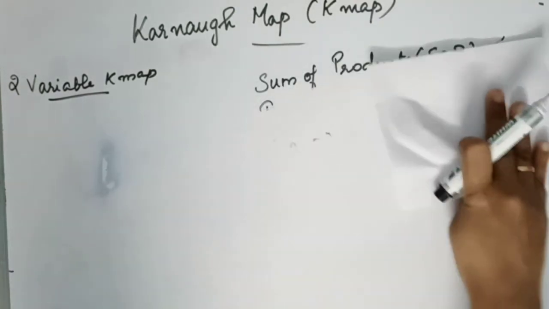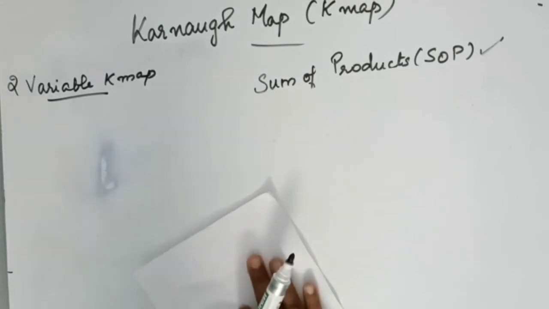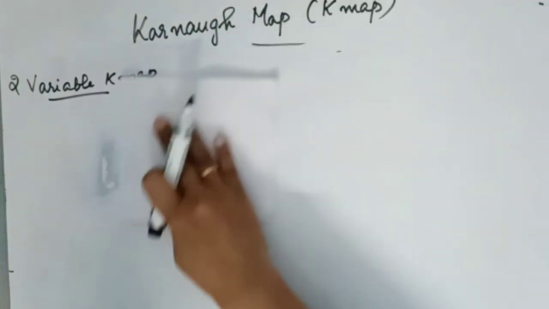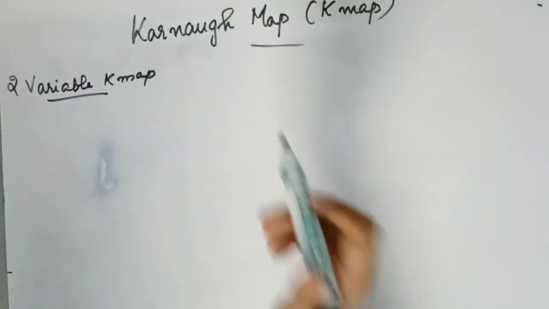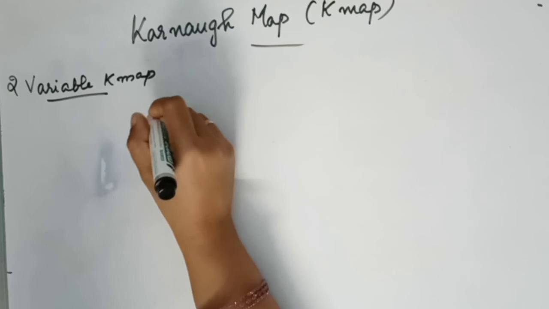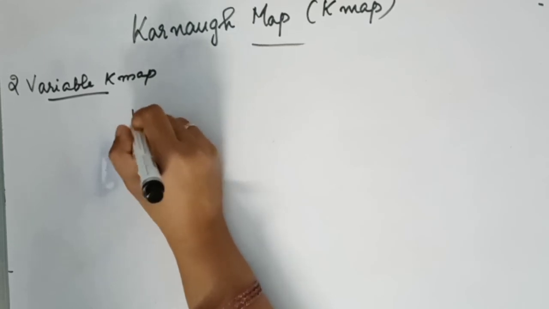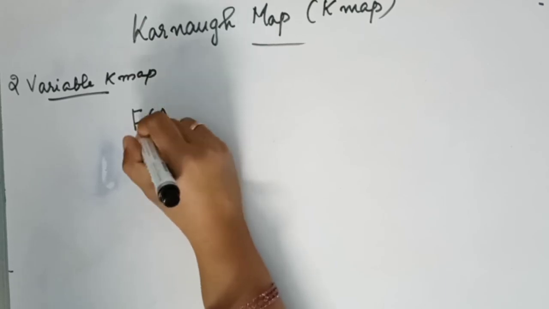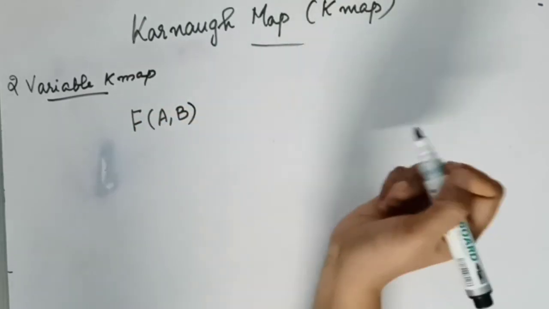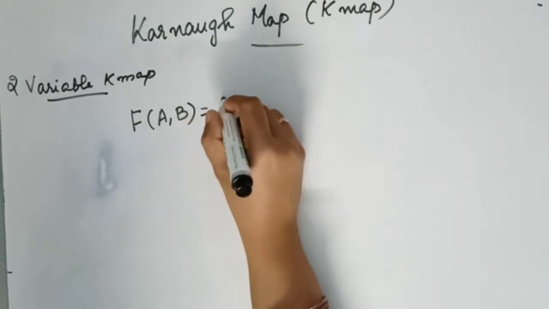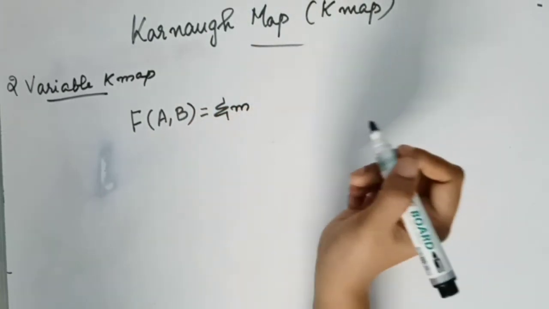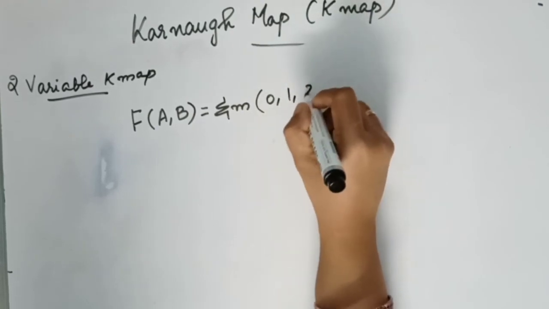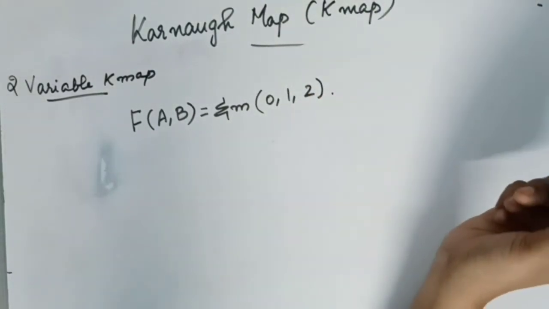So first we'll learn about sum of product, and in sum of product, the two variable Kmap. Suppose you have an expression, normally in the form of function of a comma b equal to sigma m, suppose 0, 1, 2, something like this.